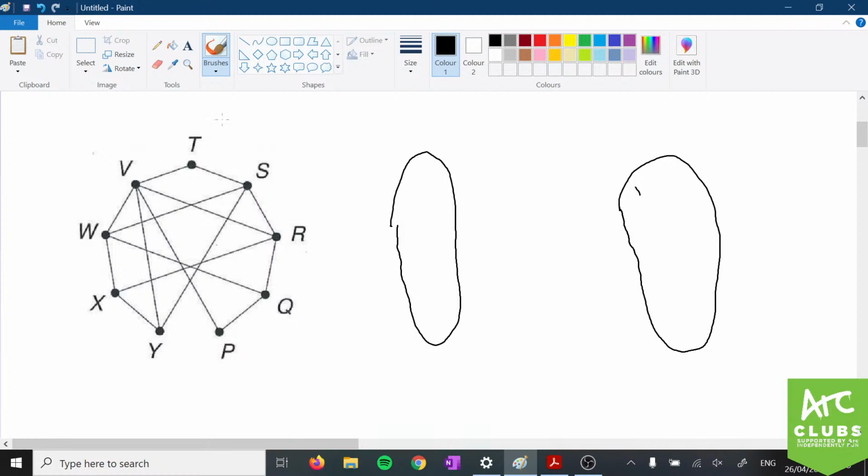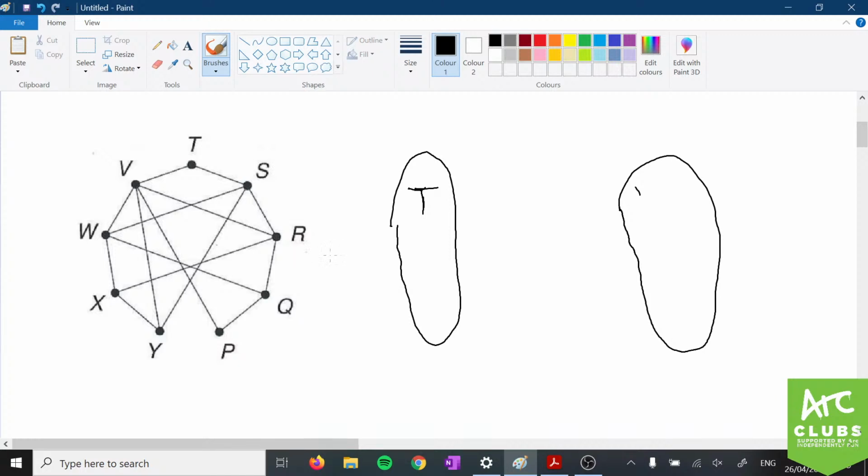And okay, we just look at one of the vertices, like say T, right? T is going to end up being in one of these groups, like either one. It doesn't matter where we put it in, it's going to belong to one group. So let's just put T in this group over here. But what does that mean? Every single edge has to be a bridge between the 2 groups.